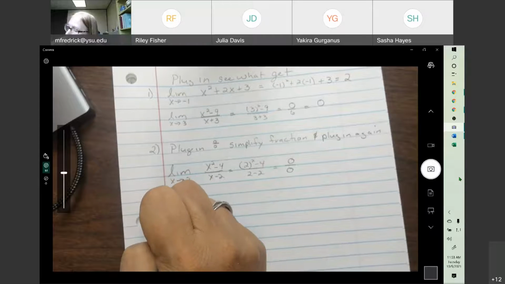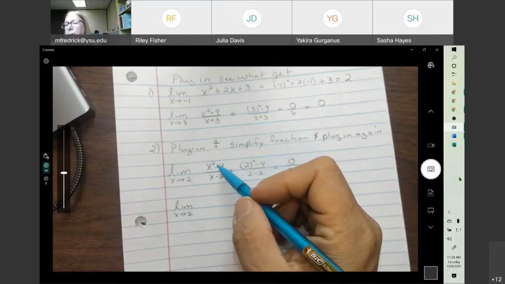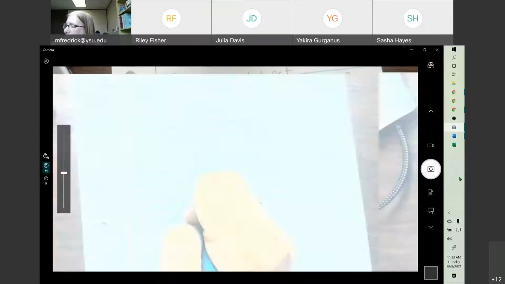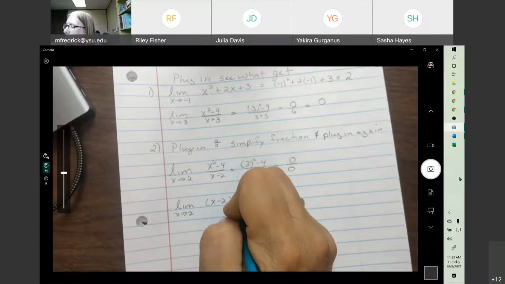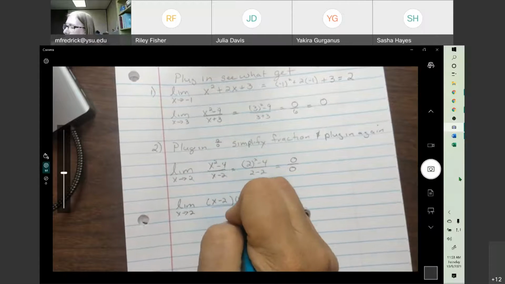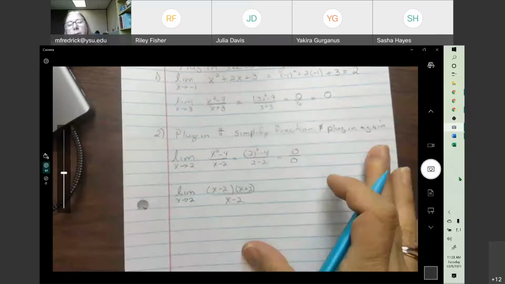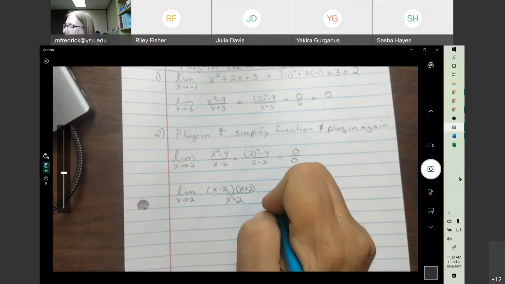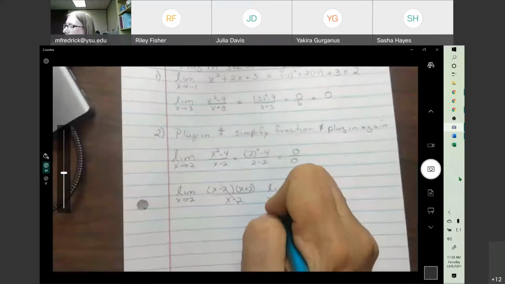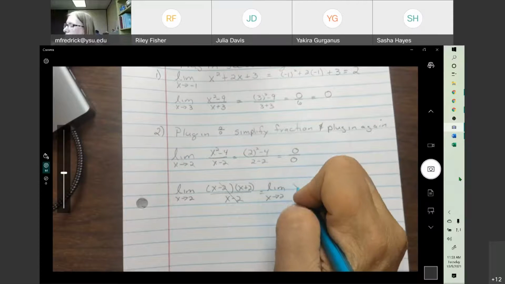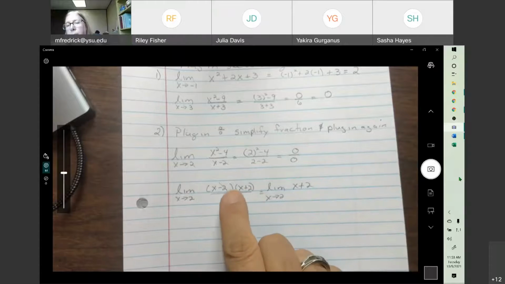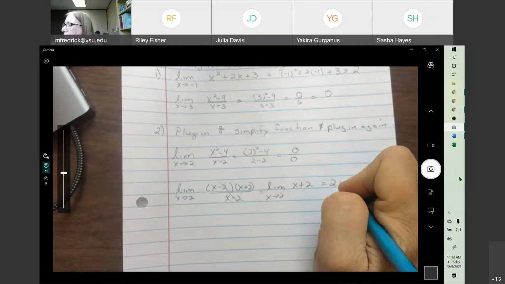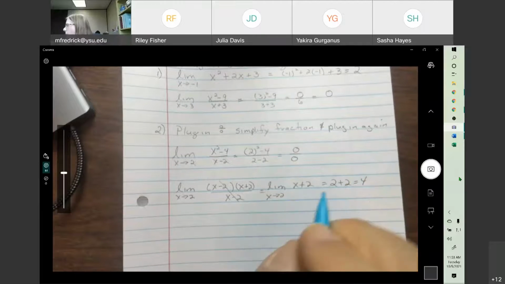So go back and factor. X squared minus 4 will factor into, because it's the difference of squares, x minus 2 and x plus 2. Right? Notice the x minus 2's cancel. So we simplified it. Now we plug in again. When we plug it in again, 2 plus 2 is 4. And that's what we got.